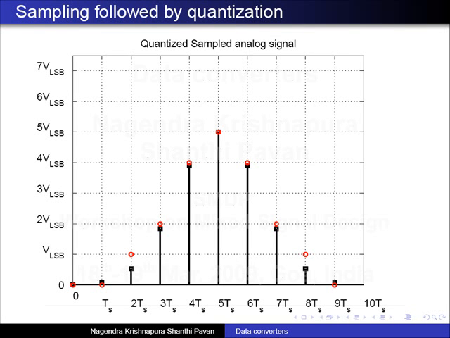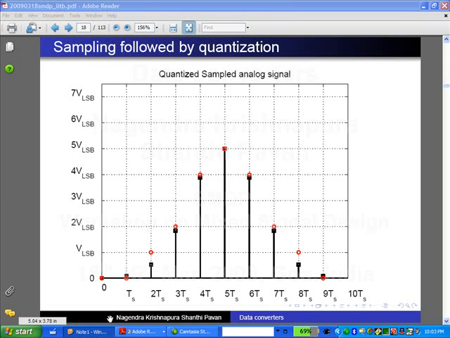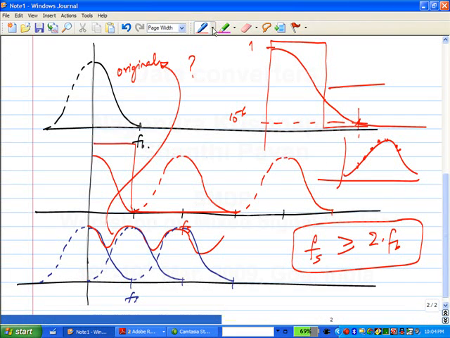No, that's okay. But what I'm trying to get at is, see, this is the spectrum of the sample signal. Now I have quantization also, and you are saying there is error. But what kind of error will it be?